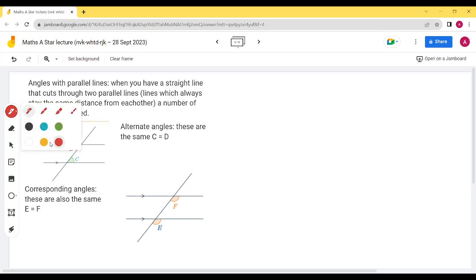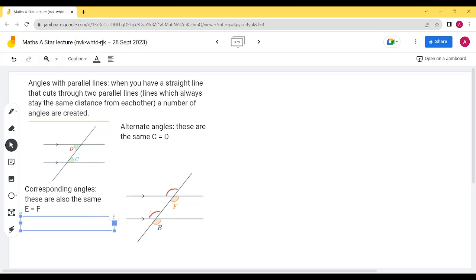But what that effectively means, because you've got the Z angles and you've got these angles as well, and because you've got the mix of alternate angles and corresponding angles, in fact, all angles drawn on the below shape will be the same.